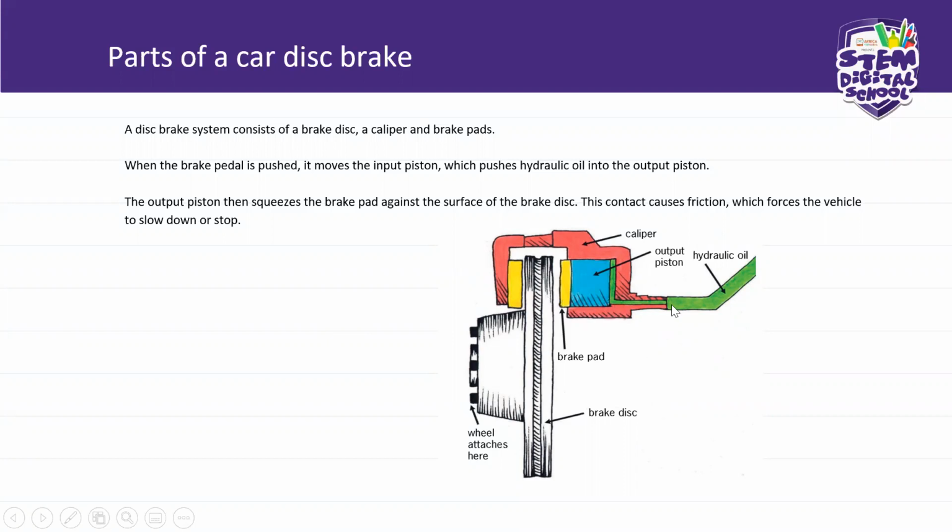That force will be exerted on the output piston for the brake pad to come and touch the brake disc on both sides, and then the car will stop. Okay, that is how this brake system of a car works.